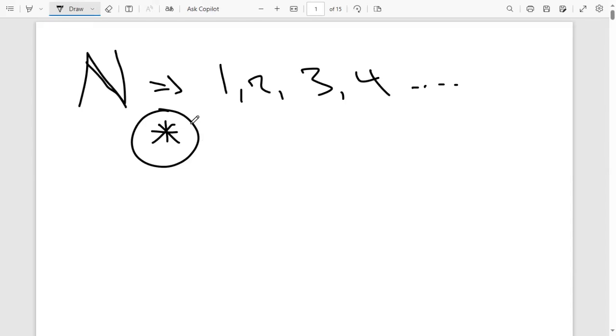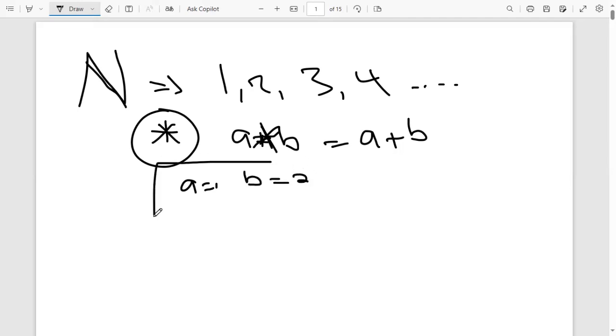So what is the closure rule? Let me say my binary operation defines A star B to be equal to A plus B. So if I pick any two numbers in this set of natural numbers, A and B, let me say A is 1 and B is 2.